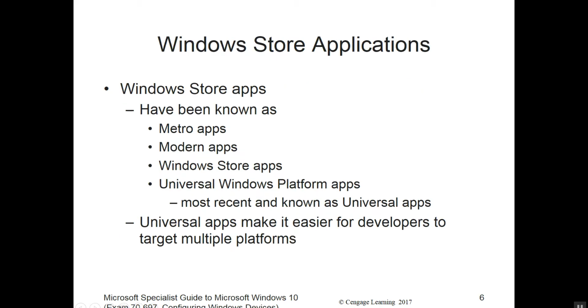Now, the Windows Store apps have been known as Metro apps, Modern apps, Windows Store apps, Universal Windows Platform apps, and most recently known as Universal apps. They make it easier for developers to target multiple platforms.